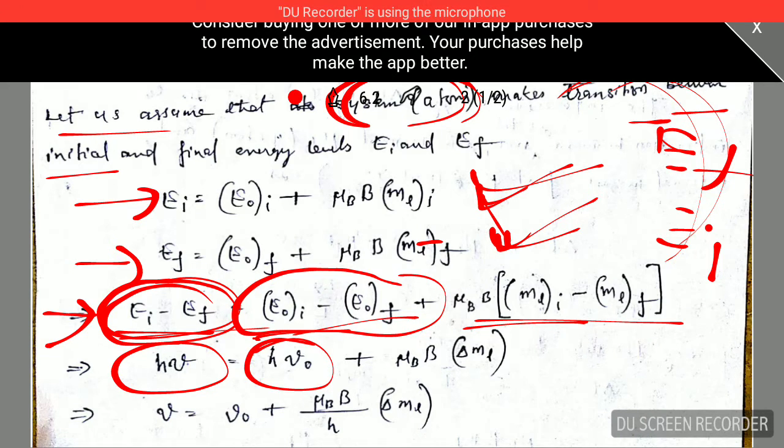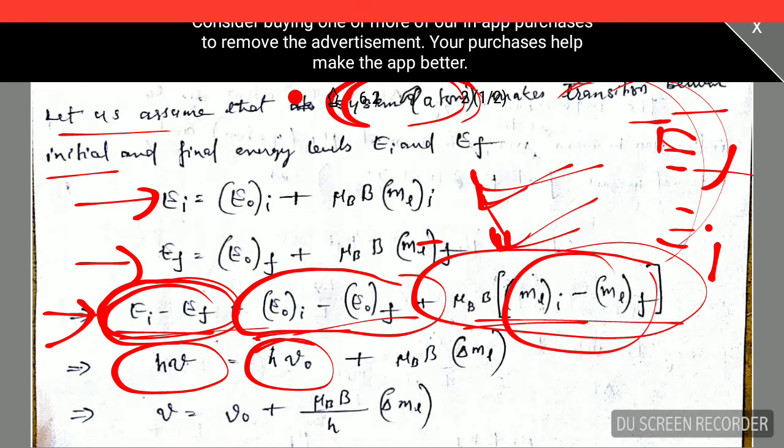This has come from quantum mechanics, so just keep this in mind. Here also, this difference of ml is written as delta ml.